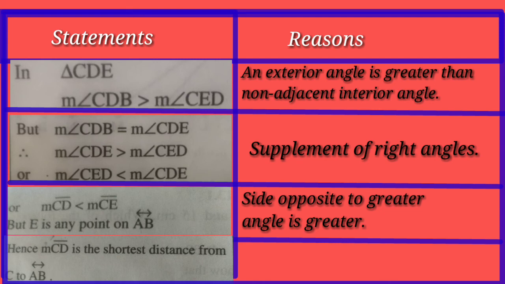So we can write measure angle CDE is greater than measure angle CED, or measure angle CED is less than measure angle CDE. When measure angle CED is less than measure angle CDE, then side CD is less than side CE. But E is any point on the line AB, hence CD is the shortest distance from C to line AB.